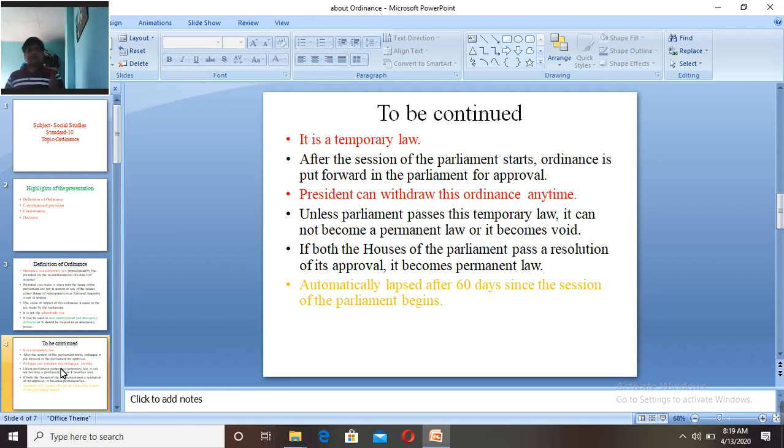If parliament finds this ordinance is no more suitable for the nation, parliament does not pass it. And when parliament does not pass this ordinance, it cannot be made a permanent law. So to make it permanent or temporary, this authority lies only in the hands of parliament.